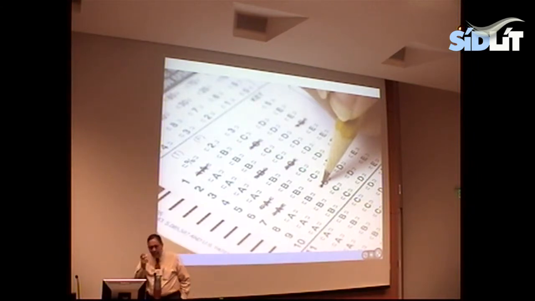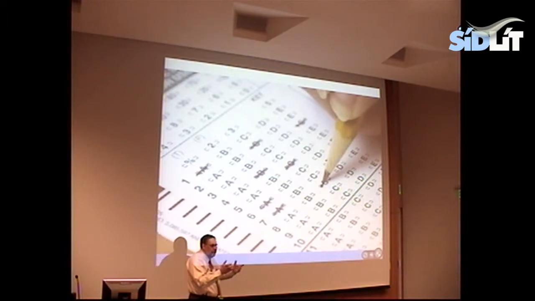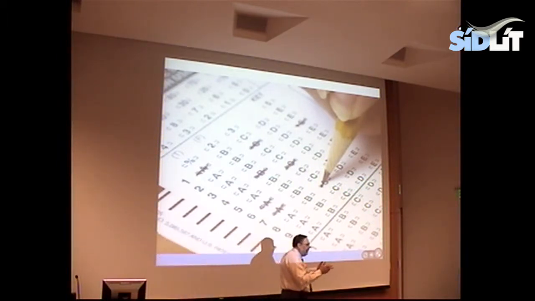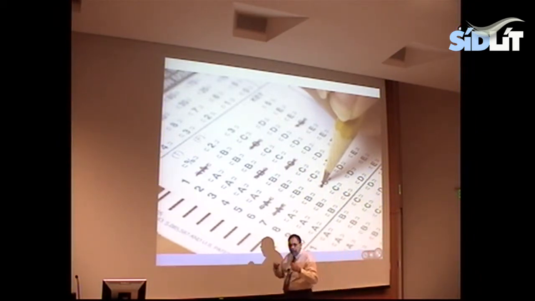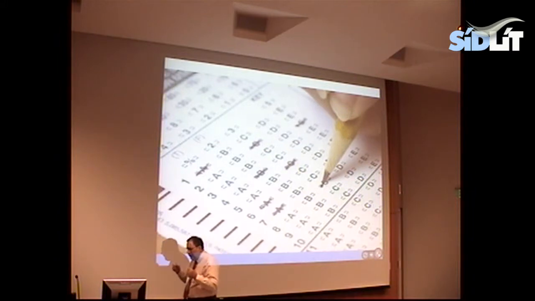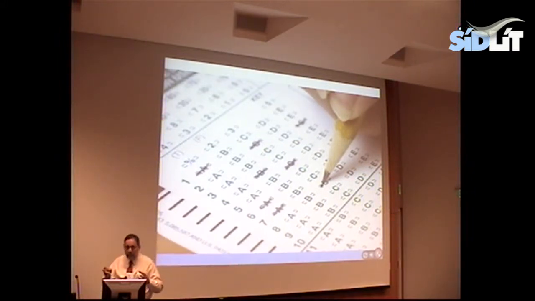Test banks, besides multiple choice, have one other type of test available. True and false. If you can't mess with their mind with multiple choice, start giving them true and false. Not many test banks have essay questions. Not many of them have short answer questions. When you're dealing with the test bank, you're trying to find 50.